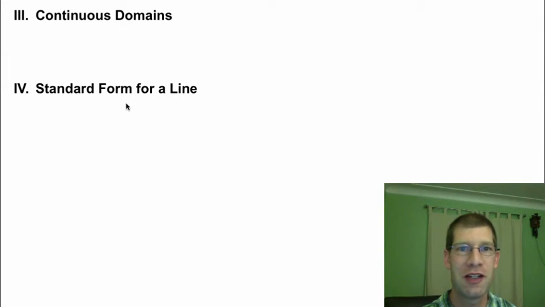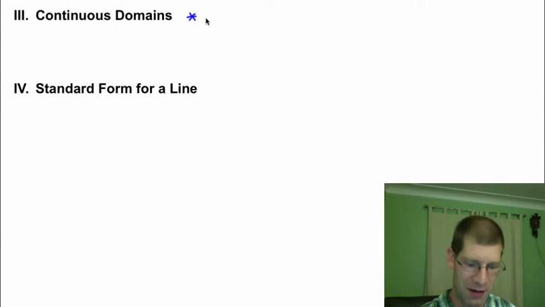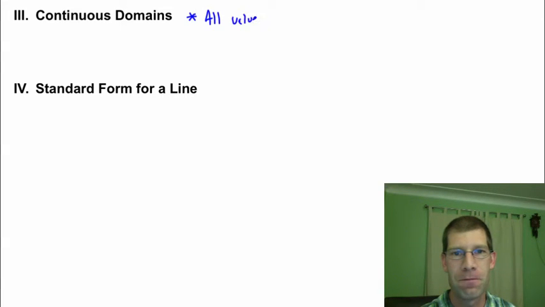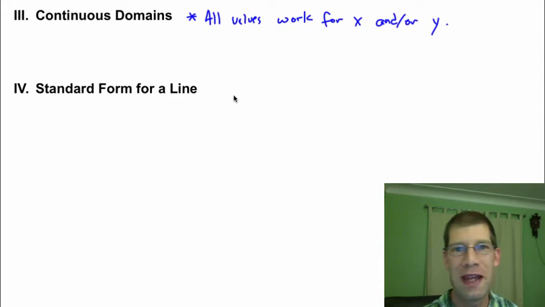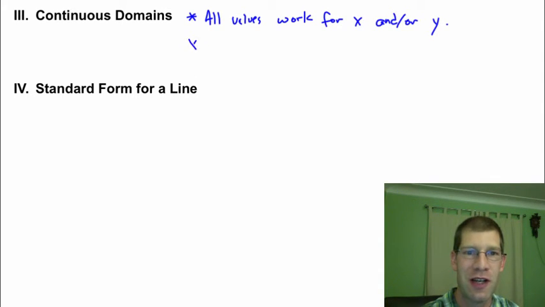So Roman numeral 3, continuous domains. And for these, any value is going to work for x and or y. So all values work for x and or y. Or you could say the domain and the range would be all real numbers.